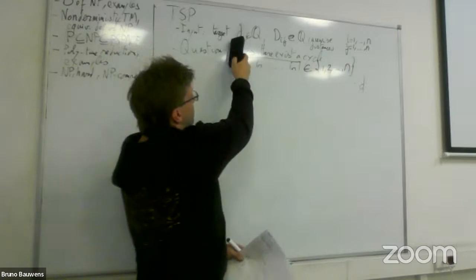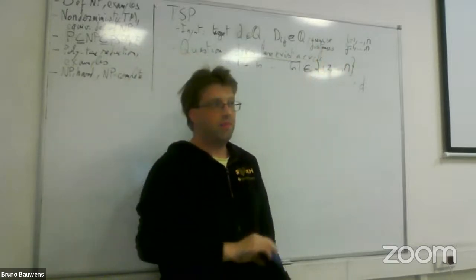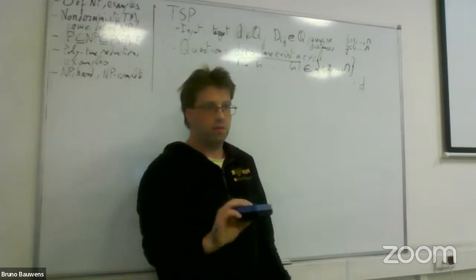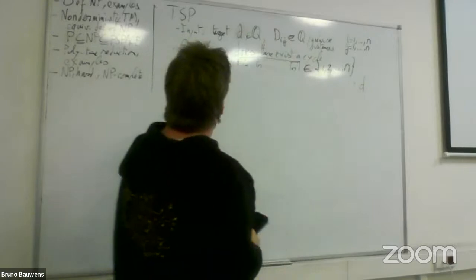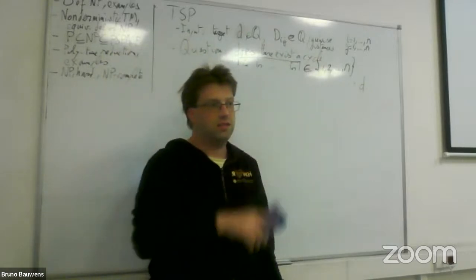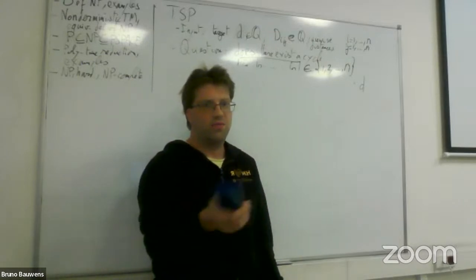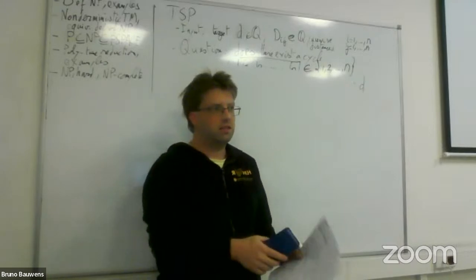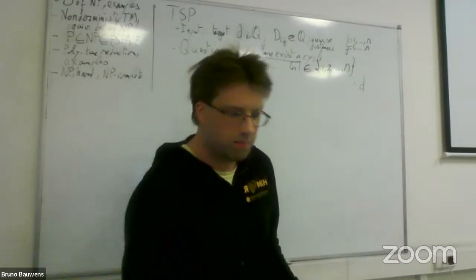If we're given a bunch of numbers in Q, we can encode them in binary and speak about the decision problem in binary. A graph we encode as an adjacency matrix. So a graph with n nodes has size n squared in memory.